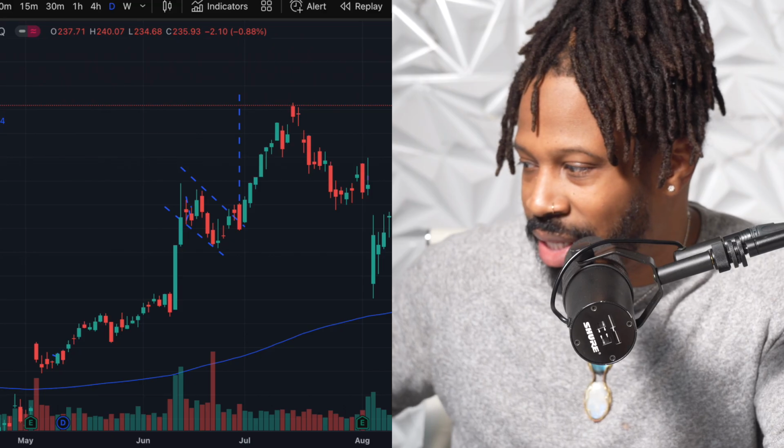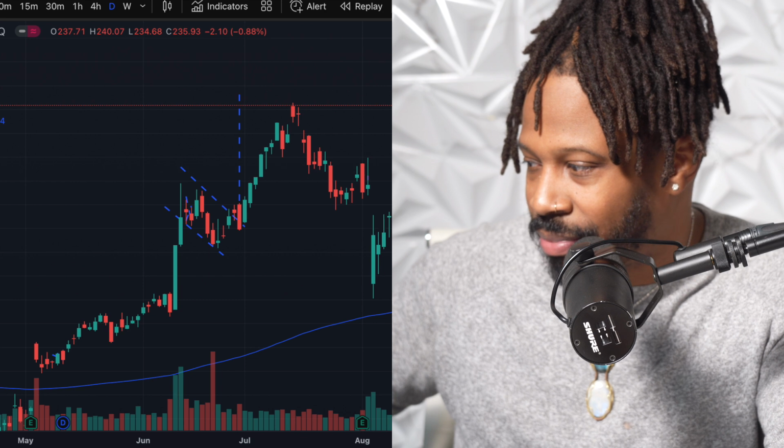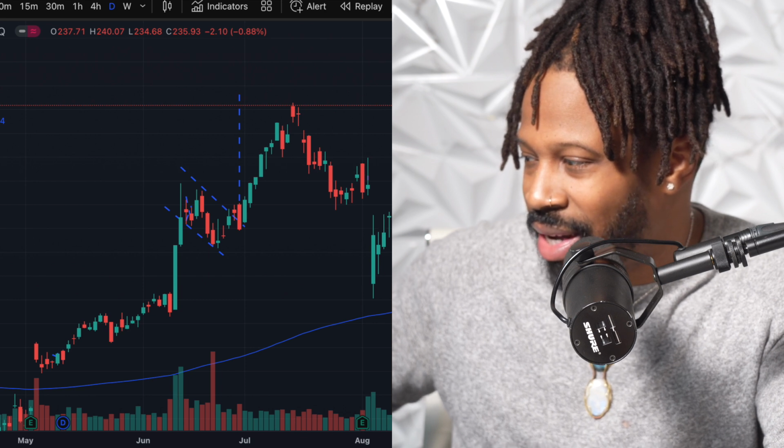Sometimes a flag can consolidate, but a bull flag is typically when the flag is facing down, symbolizing a pullback. So it's consolidation within a downward trend temporarily before going back up, okay? So you see that it does just that, and then it breaks out and goes up.